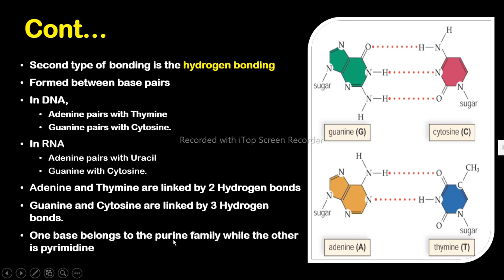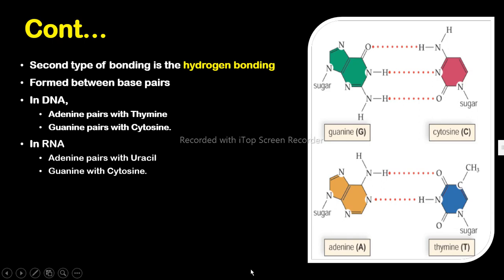And one base belongs to the purine family, while the other must belong to the pyrimidine family. So basically, those are the bases. Let's talk about some few base pairs.